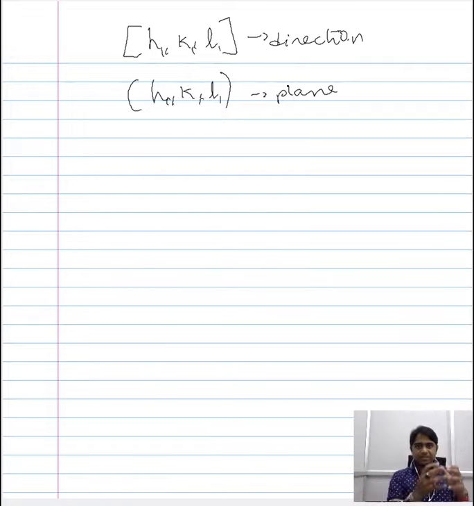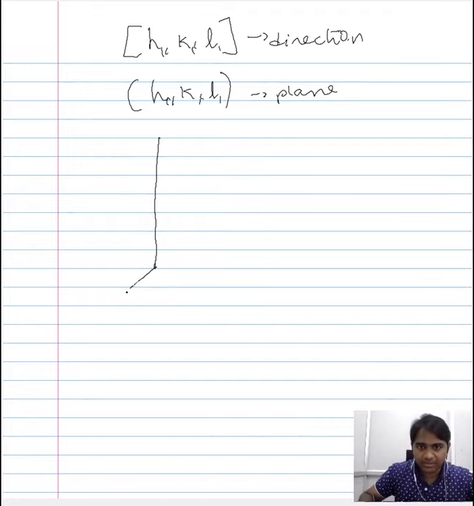So you represent a direction using a set of Miller integers, and you use the same Miller integers for the plane, then you would have a plane and a direction that are perpendicular to each other. So let us see if this holds true. Instead of proving it, let us just plot the different planes and directions for a given set of Miller integers and see if this holds true.